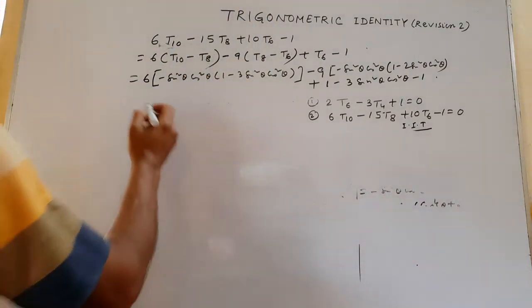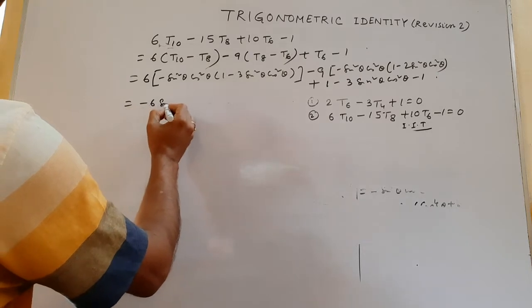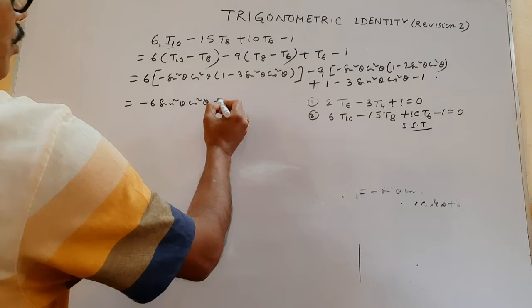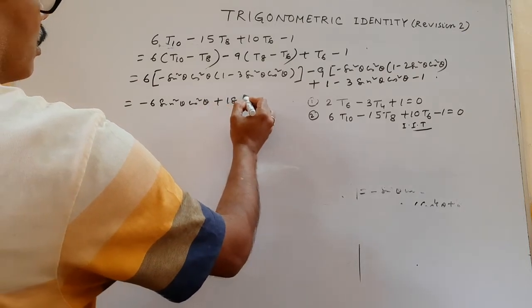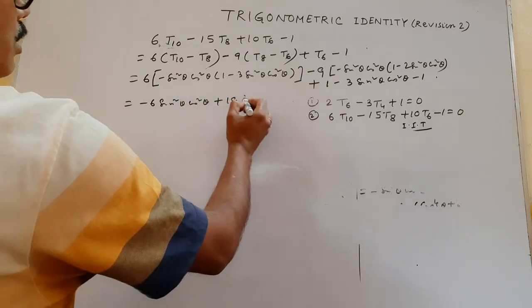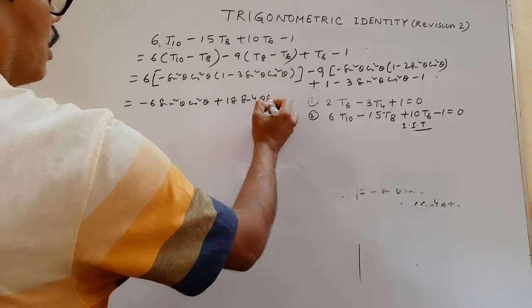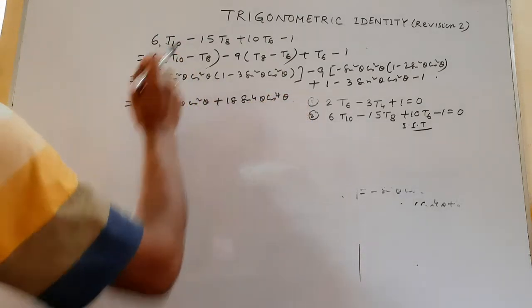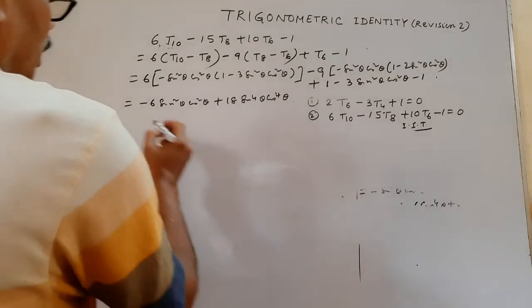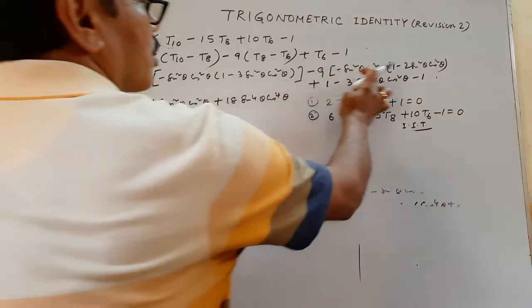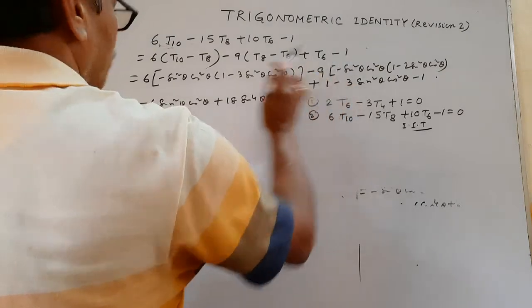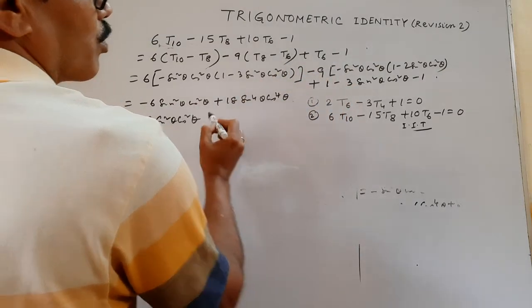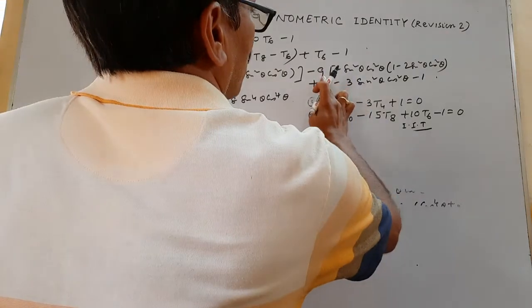So this is minus 6 sine square theta cos square theta plus 18 sine to the power 4 theta cos to the power 4 theta, minus 6, this is plus 18, minus 9 sine square, plus 9 sine square theta cos square theta.